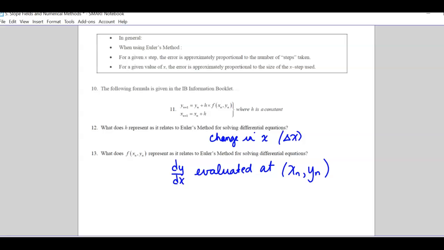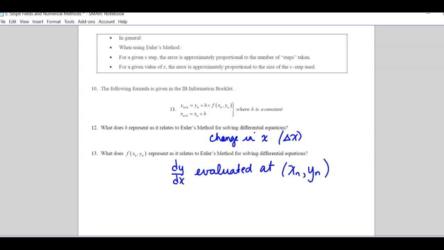That's how we got the next one. And then obviously your x's are wherever you're starting, and you just add the h, or change in x, each time. That is given to you in your data booklet. If I'm asking you to do something like this on a test, I will give you the charts.